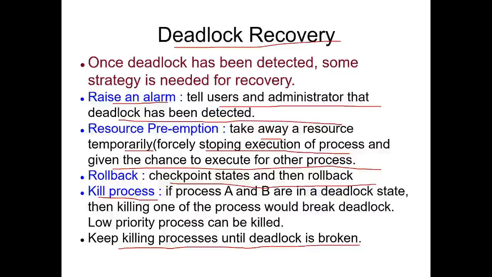In task manager you can see the list of processes that are executing, and the process which you want to kill, you can select and click on end task. Then that process will be killed automatically. You can do this on your own for whichever process you want to kill, or if you don't, the operating system automatically kills the low priority processes.